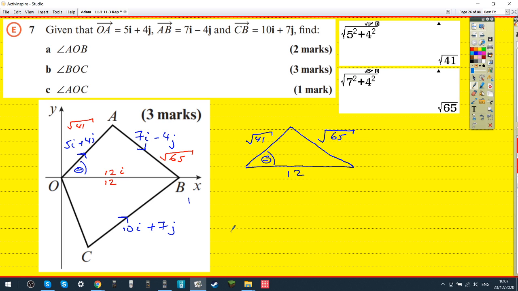Any idea how to do that? No. That would be cosine rule.